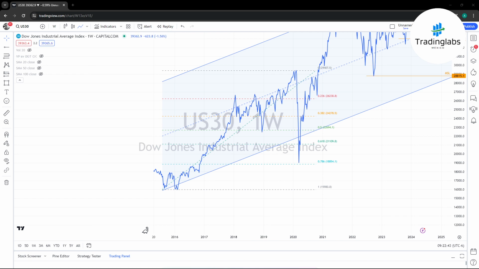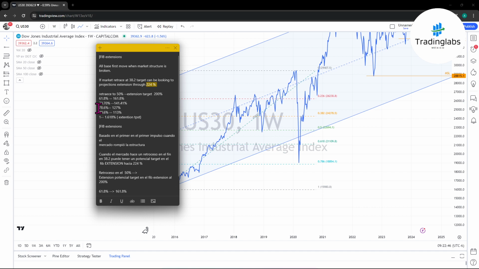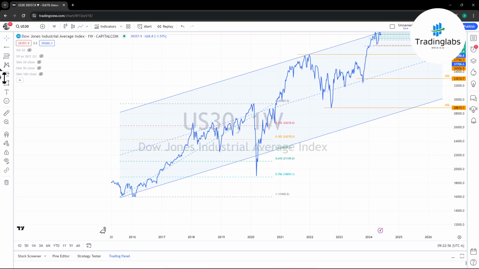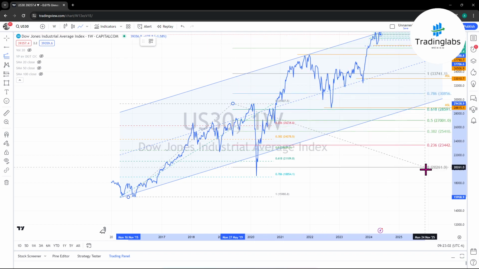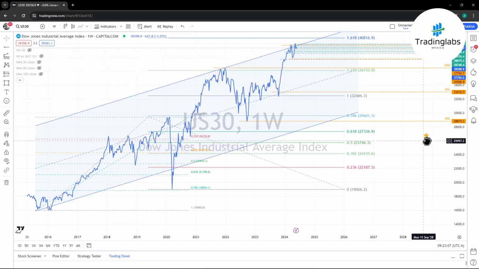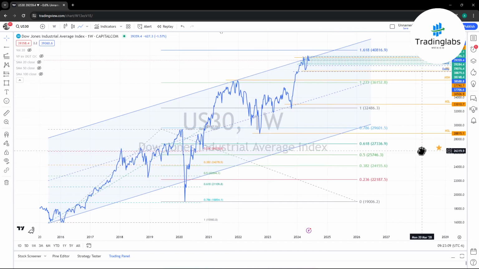Okay. What it tells us is that when it retraces in this area, there is a potential extension of 127%. You know, you can teach very well. Okay, good, I understand. Fibonacci was very hard last time, but now I understand what you're talking about.